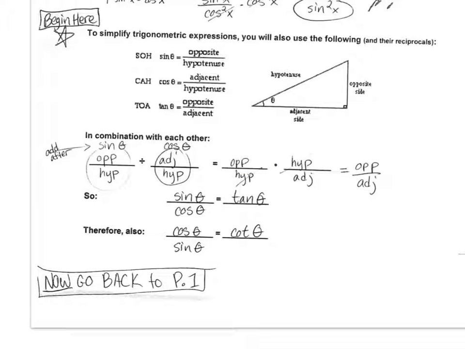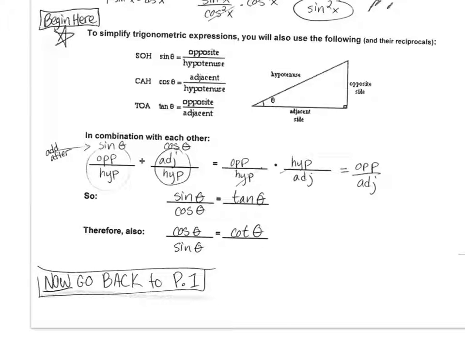And so what we have is opposite over hypotenuse times hypotenuse over adjacent, and then the hypotenuses cancel out. And so that allows us to know that sine over cosine, or opposite over hypotenuse being sine, cosine being adjacent over hypotenuse, is giving us opposite over adjacent, or tangent.